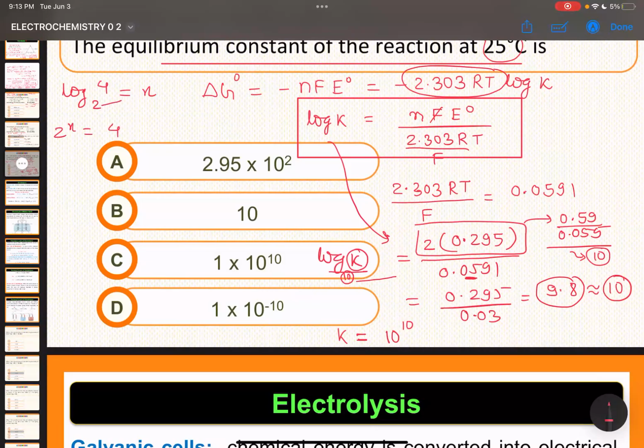So this is the base, this is the power. The base must be raised to the power to get the number. So the base must be raised to the power 10 to get the number. Okay. This is the answer. Clear? Any doubts in this? Just let me know.